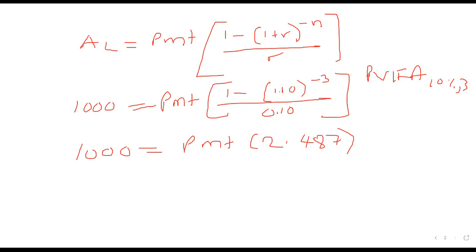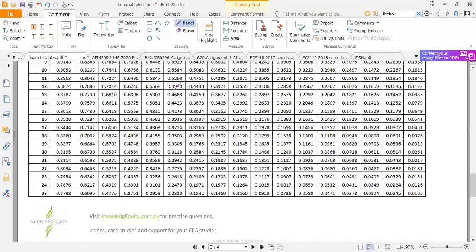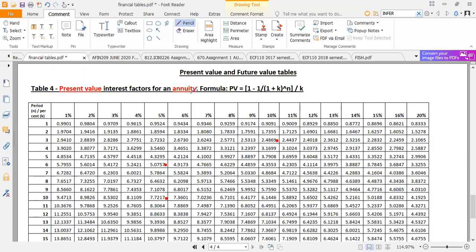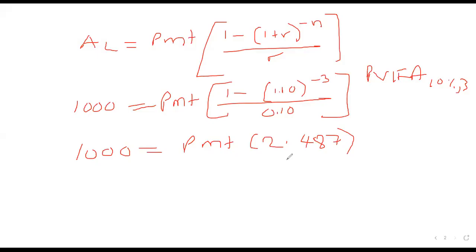Let's try to check. So in the present value annuity table, we go under 10%, under 3. We get 2.487, or 0.869. That is the present value annuity factor.